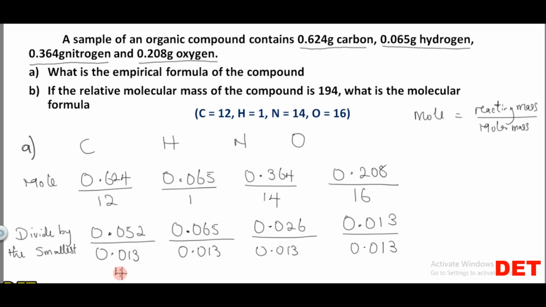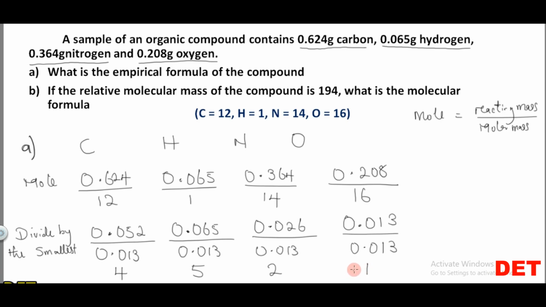If you press that in your calculator, you are going to have 4. Then 0.065 divided by 0.013, you are going to have 5. Then 0.026 divided by 0.013 will give me 2. Then 0.013 divided by 0.013 will give me 1.